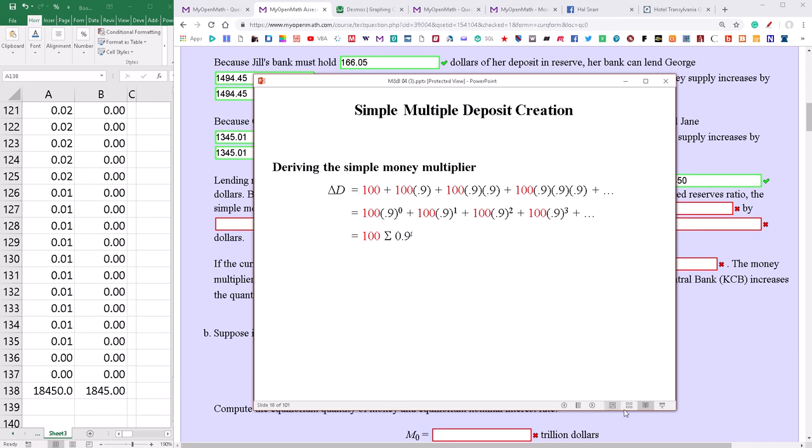When we apply a little calculus to this, we get 1 over 1 minus 0.9. And that 1 minus 0.9 is the reserve requirement ratio of 10%. So the simple money multiplier is 1 over the reserve required ratio. So 1 divided by 0.1 here is 10.